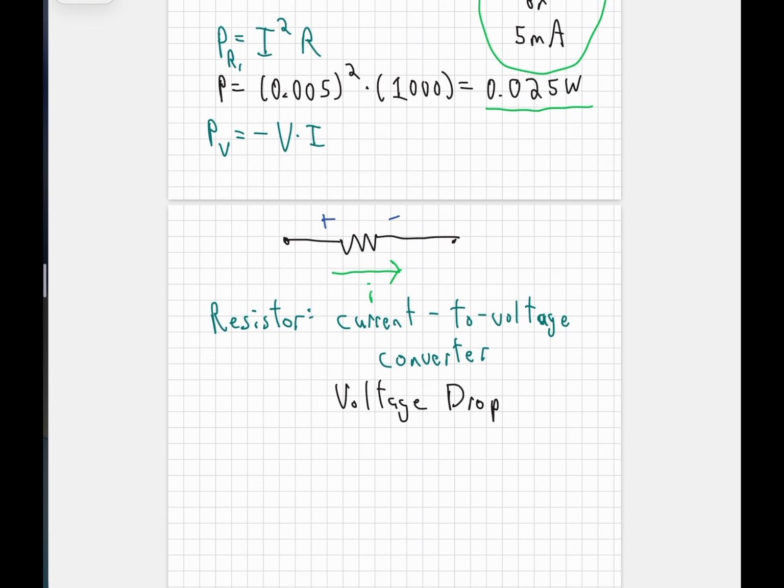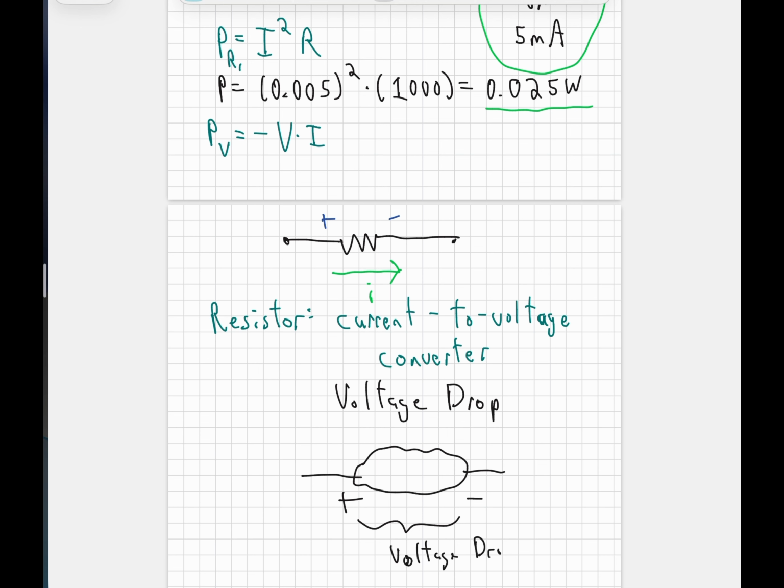So now that we know that, we can see that instead of using a resistor, let's just draw like a blob. It could be whatever. And this blob, we can say has a voltage drop also across it. So you've got a plus and a minus, and right here there could be a voltage drop.